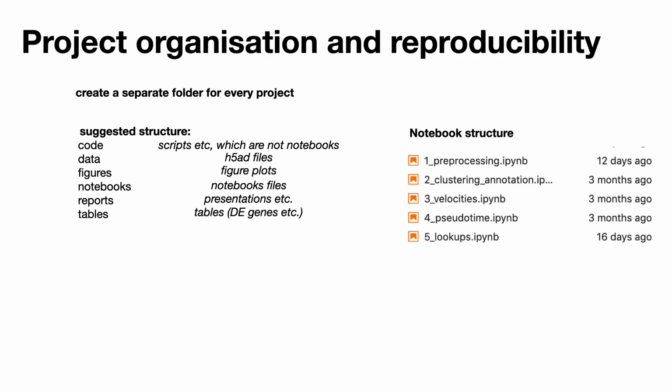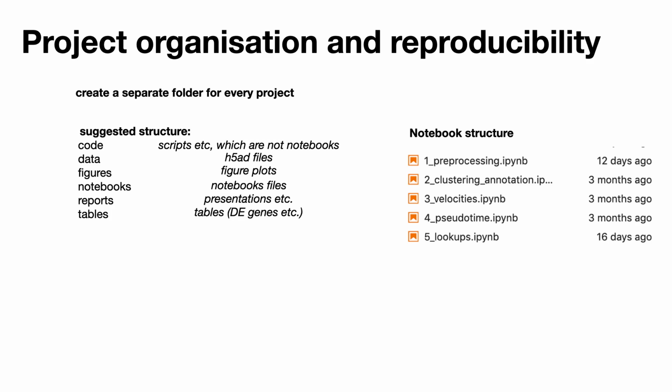That is the final result of your pre-processing, so you don't have to open up the pre-processing steps again. Once you have done the pre-processing, you can have a notebook for cluster annotation, where everything that you do is about how do I name my clusters.